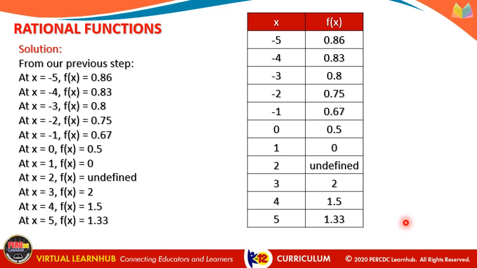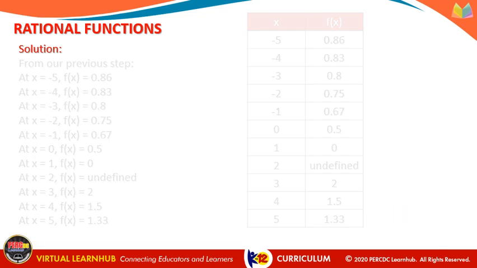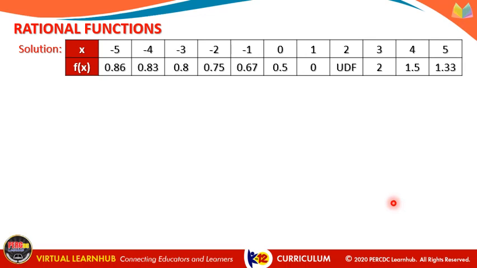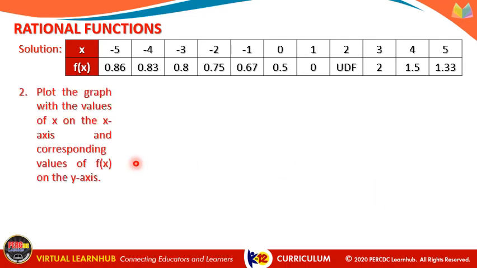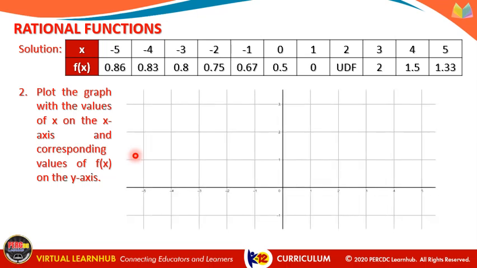Ngayong nagawa na natin yung table, pwede na tayong mag-graph. So let us plot the graph with the values of x on the x-axis and the corresponding values of f of x on the y-axis.